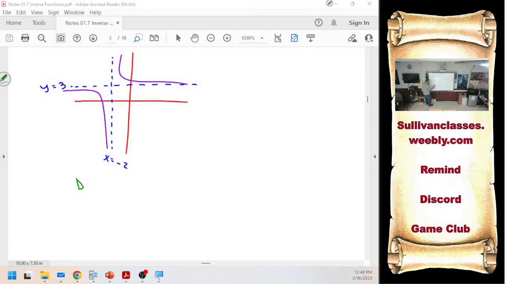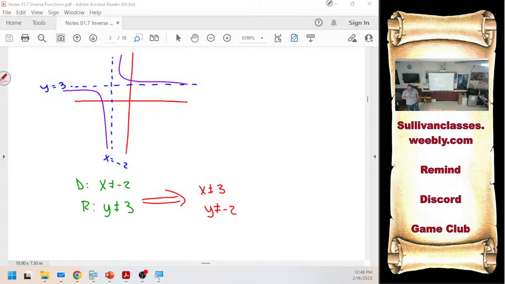The domain would be x can't equal -2, you do the union thing. The range would be y can't equal 3. So when I find my inverse, now x can't equal 3 and y can't equal -2, because I'm swapping domain and range, swapping x's and y's.